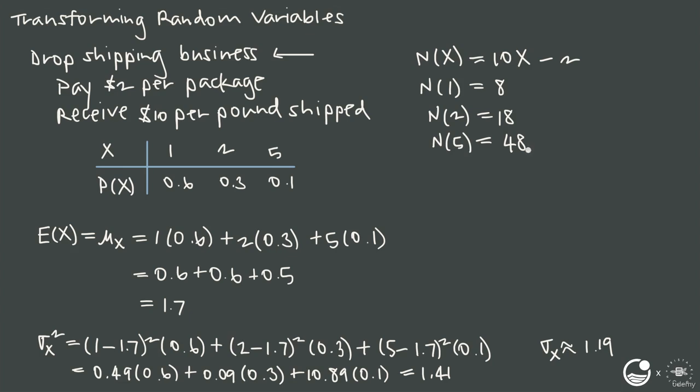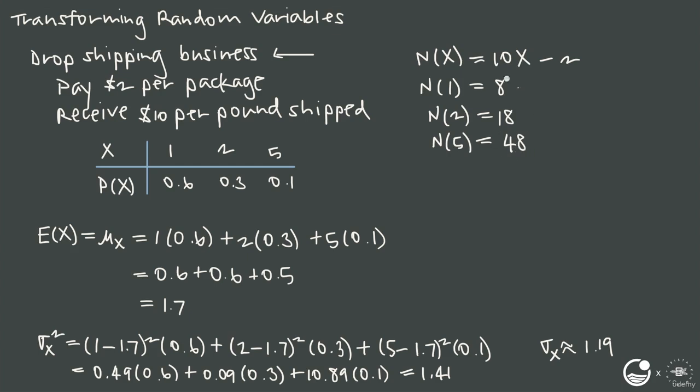So our net gain is $8 for every 1-pound package that we ship, which makes sense because the manufacturer is paying us $10 per pound, which means we get $10 for shipping that 1-pound product, but we also had to pay them $2 for that individual product. So 10 minus 2, we get 8. In contrast, a 5-pound package, because they're paying us $10 per pound, we would make $50, except that for that one individual package, we paid them $2. So instead of making $50, we make $48.